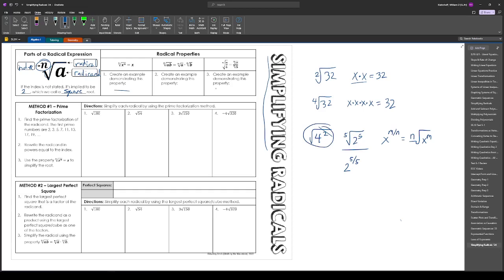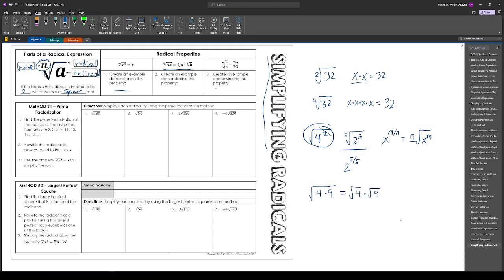We also have properties about this middle one, which is super essential for what we're going to be doing here. The idea that we can break up a number that's under a radical and put it under separate radicals. So we'll do the square root of 4 times 9 as an example. And we want to see that that equals the square root of 4 times the square root of 9.